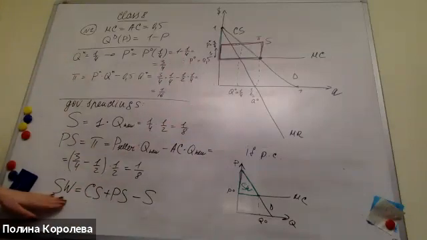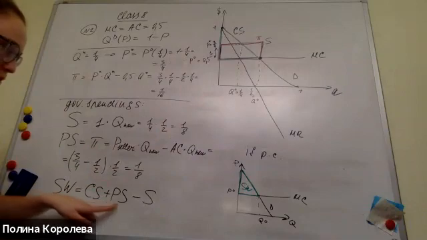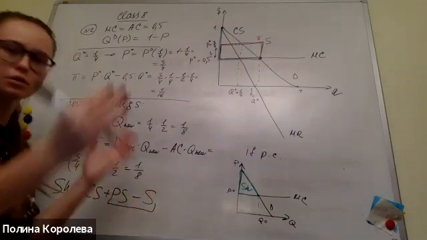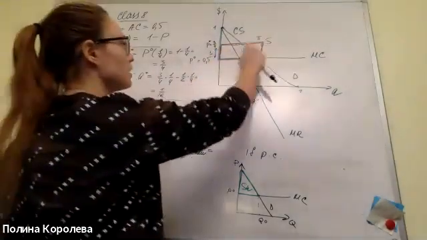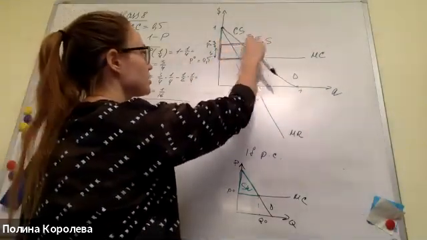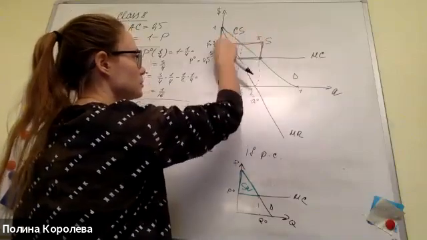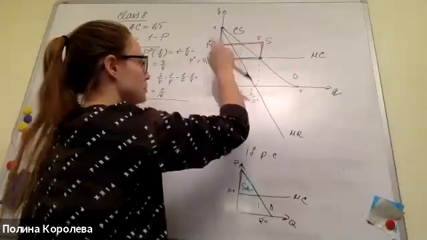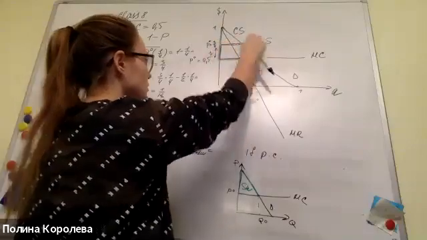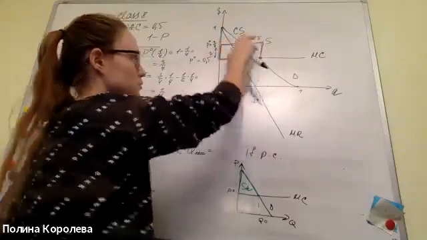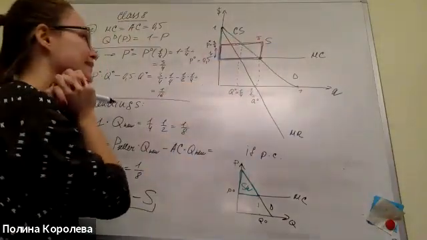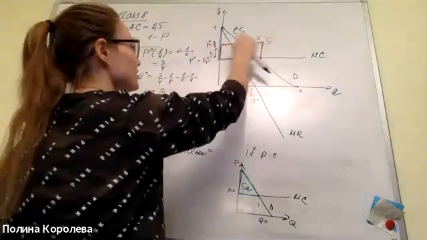You see, social welfare now is consumer surplus plus producer surplus minus government spending. So producer surplus and government spending overlap, and this money from government spending goes to the monopoly. So this blue rectangle deletes the red rectangle. They delete each other, these two areas.